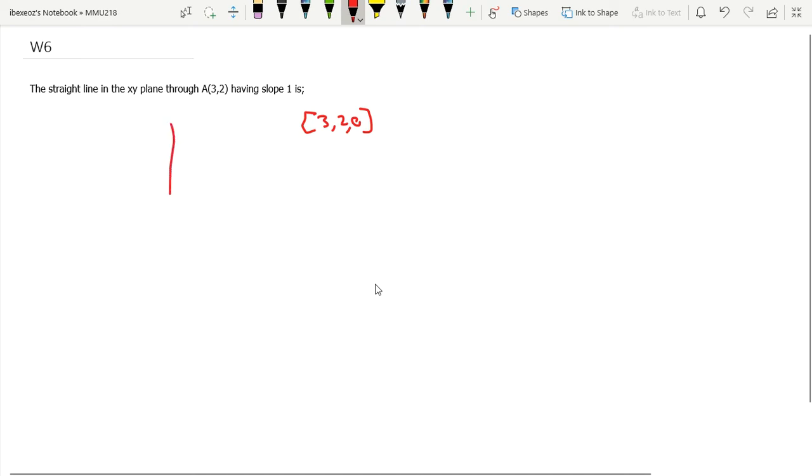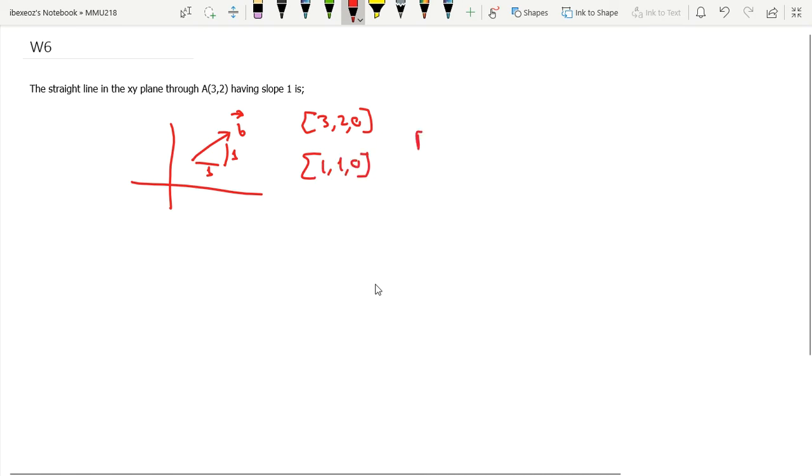So how does it look? A slope 1 looks something like this maybe, okay? And this will be my vector B in this case. And slope 1 I could represent by 1 here, 1 there. So that could be something like 1, 1, 0.